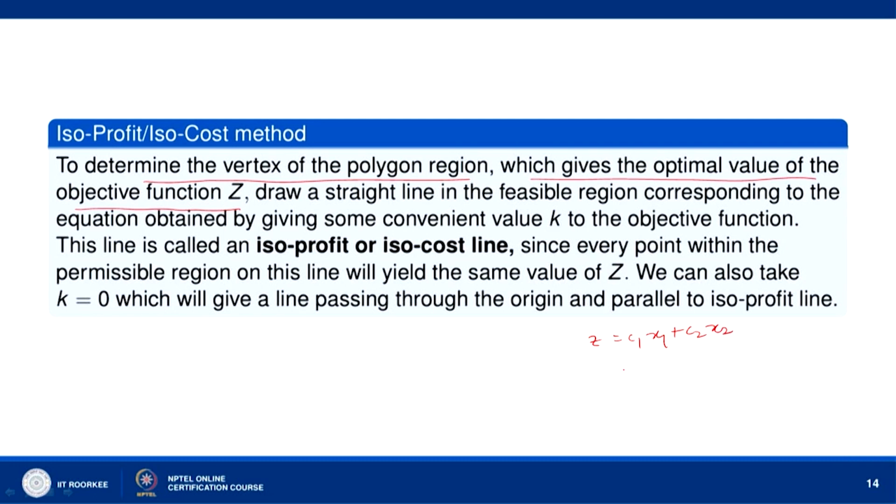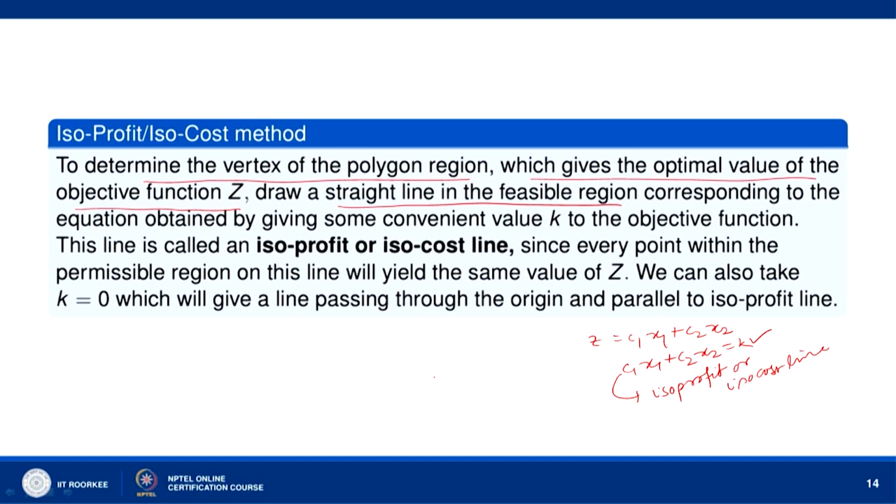Then we can consider z equal to k, that is c1x1 plus c2x2 equal to k, where k is a constant. We draw this straight line in the feasible region, obtained by giving some convenient value k to the objective function. This line is called isoprofit or isocost line.